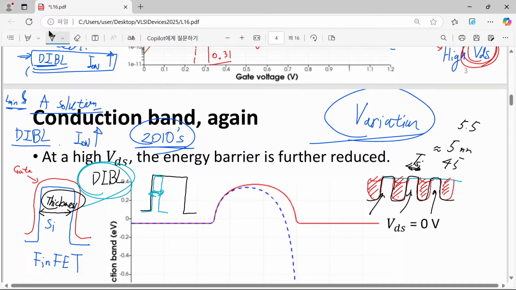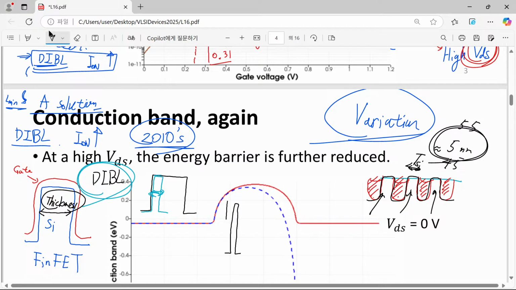So that's the reason why people really enjoyed reducing this thickness. Every technology generation, they just reduce the thickness of a fin, thin and tall, that was the trend. So eventually we have a very thin and tall fin. Why do we need a tall fin?